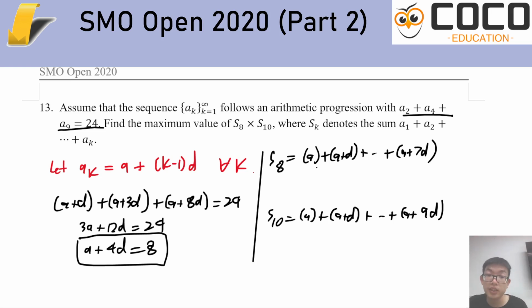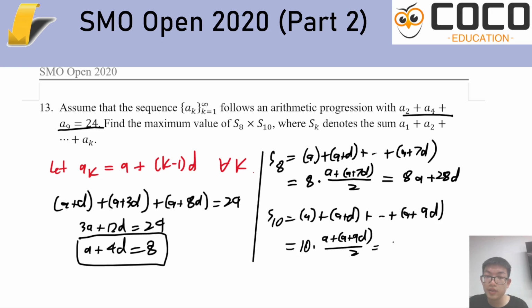It suffices just to know that S8 will be 8 times the average. And the average can be obtained by using the average of the first and last term. So this is S8. And this would be S10.